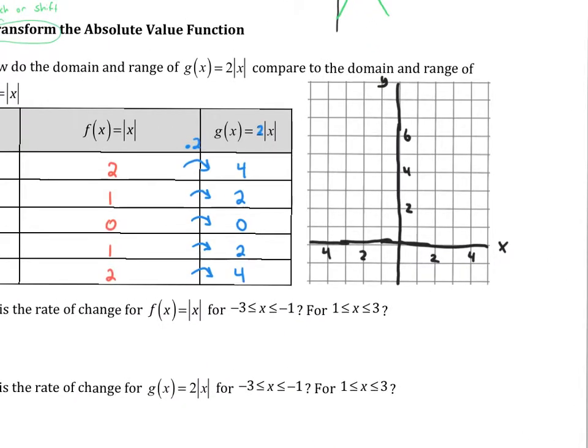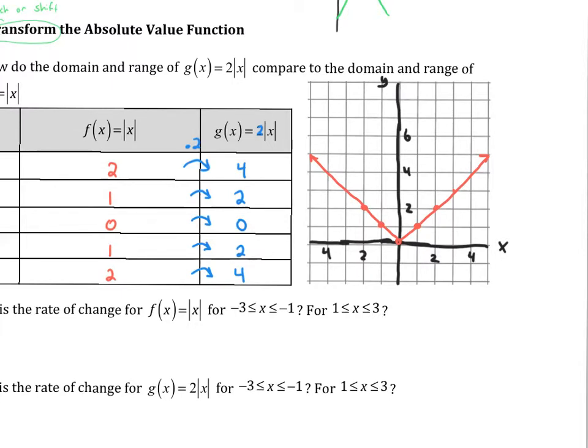I'm going to use red for the parent function, f of x equals the absolute value of x, and blue for the new function, g of x, which is 2 times the absolute value of x. So the first one looks like this. The vertex there is at 0, 0. It bounces off the wall there. And this is what the original function looks like.